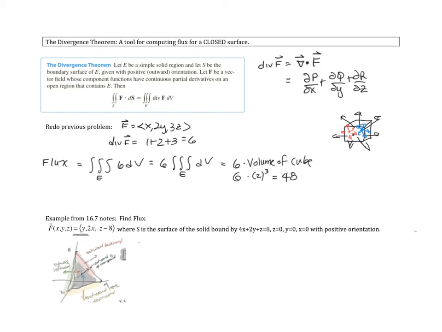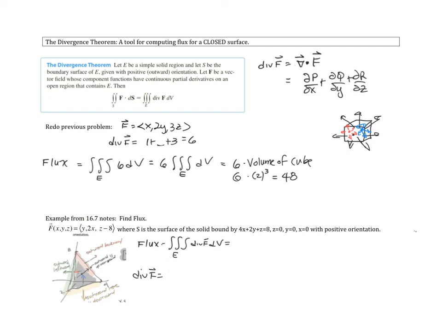The shortcut for this now, because we have the divergence theorem, is that the flux would be the triple integral of the divergence. The divergence of this vector field: partial with respect to x of the x component, that's 0.